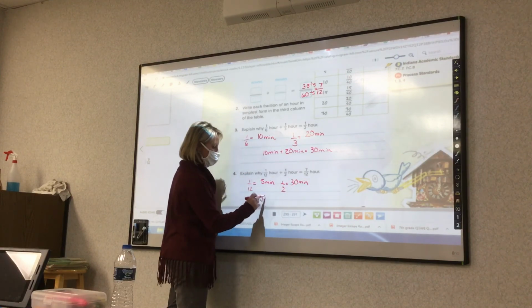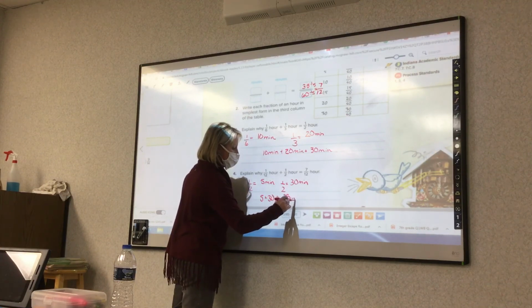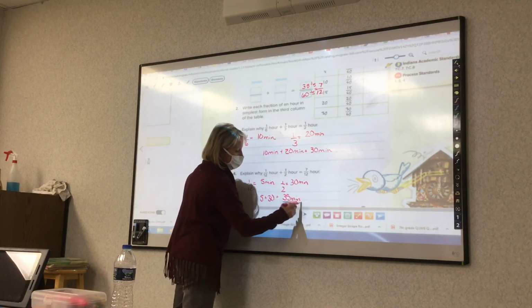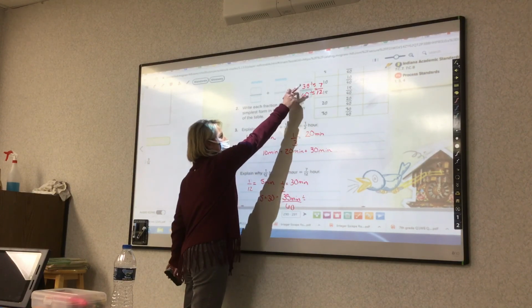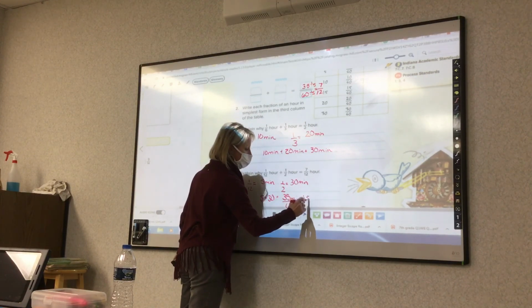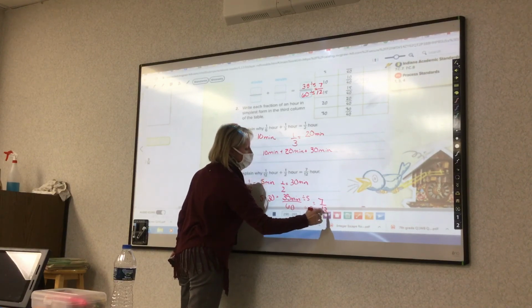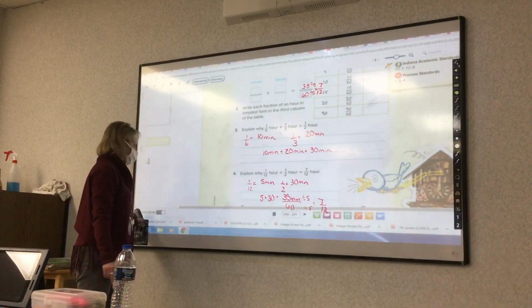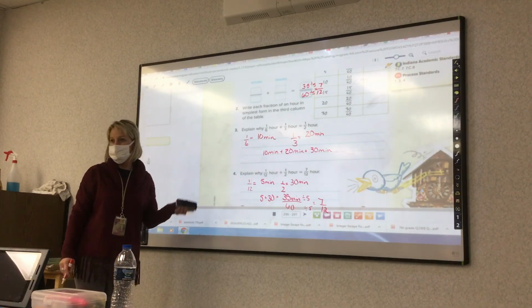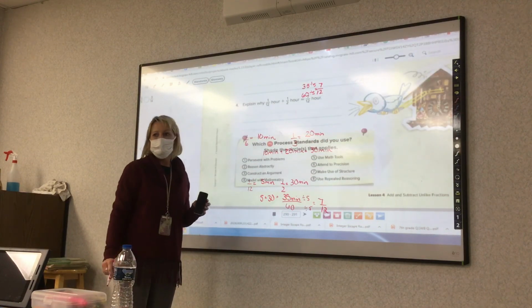So 5 plus 30 is 35 minutes, and you put that over 60, and we reduce that, which was right up here, reduced it by 5, and you get 7/12. That's all of our explanation. Go ahead and turn the page when you have it finished written.